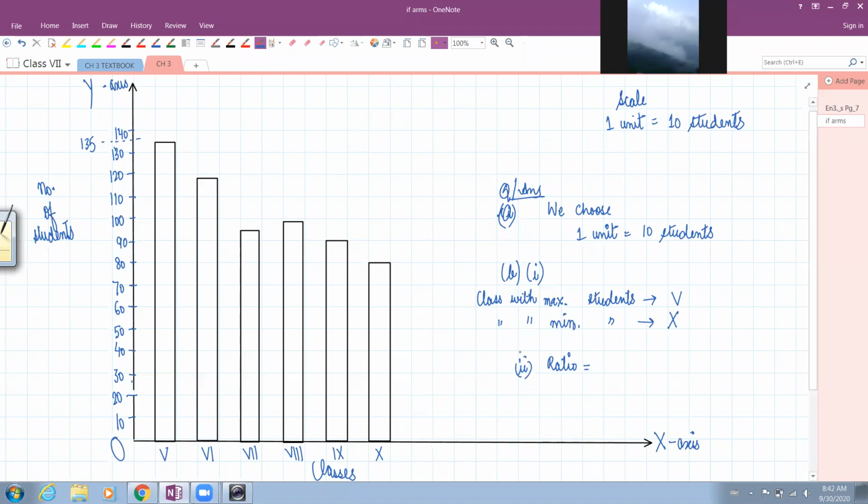So 6th has 120 students, and the ratio is to be calculated with the students in 8th. You can just simplify this. 6:5. Only with 20. Yes, we have divided by 20. That's your answer.